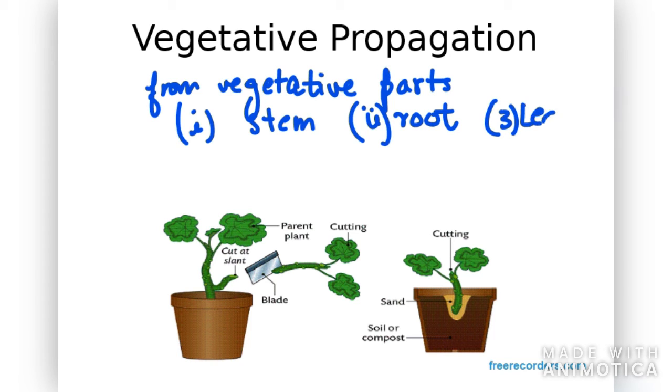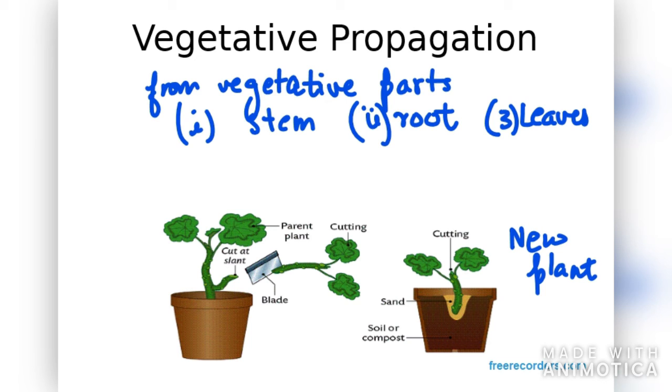As you can see in the diagram below, they have cut a part of a plant from a parent plant and sown it into new soil. There we will have a new plant, or you can say a new offspring, from this plant.